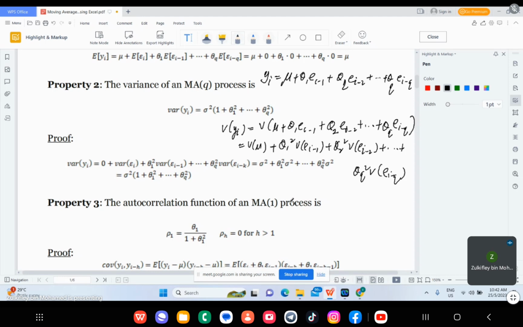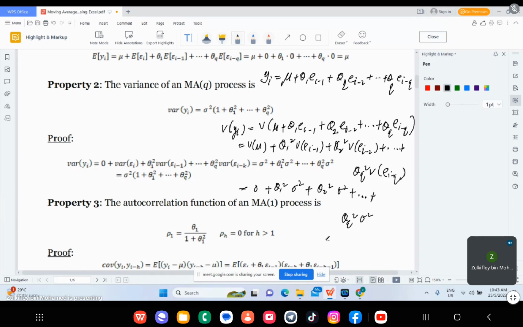So it becomes 0 plus theta 1 square. Variance of epsilon I minus 1 is sigma square plus theta 2 square. Variance of epsilon I minus 2 also equal to sigma square plus dot dot plus theta Q square. Variance of epsilon I minus Q is sigma square.